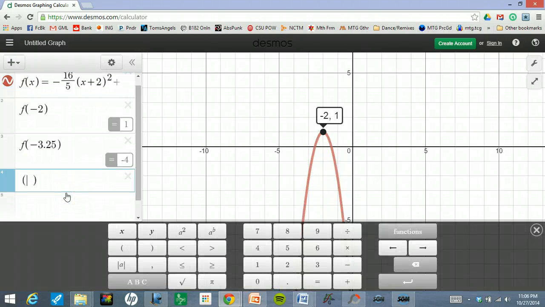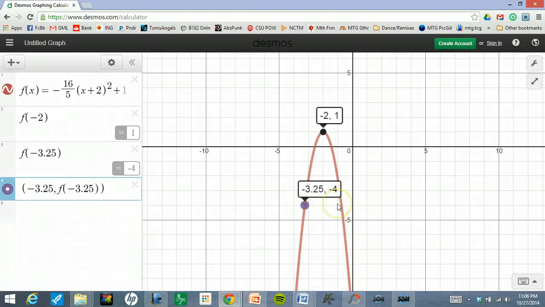Let's plot the point (-3.25, f of -3.25), and there it is, directly on the graph. So Desmos was rounding a little bit, having a little bit of calculation error, but that's it.